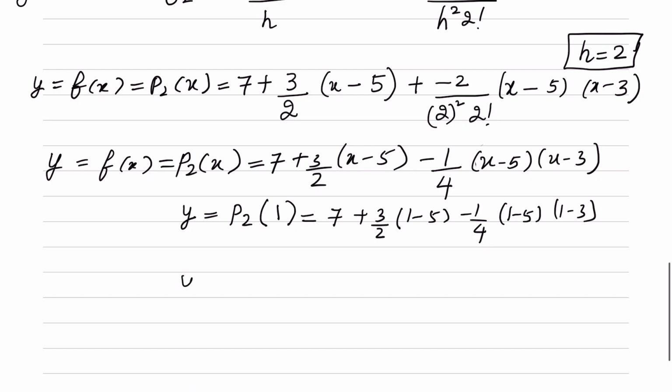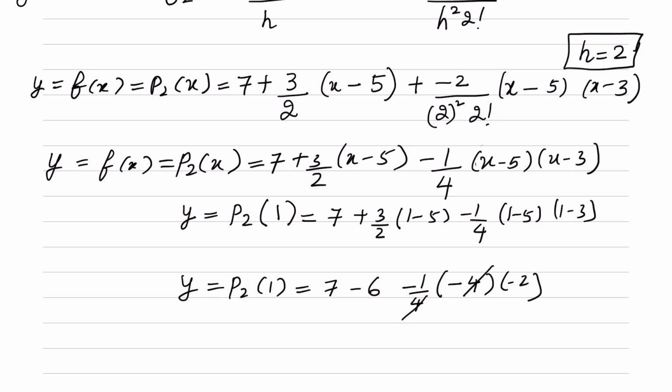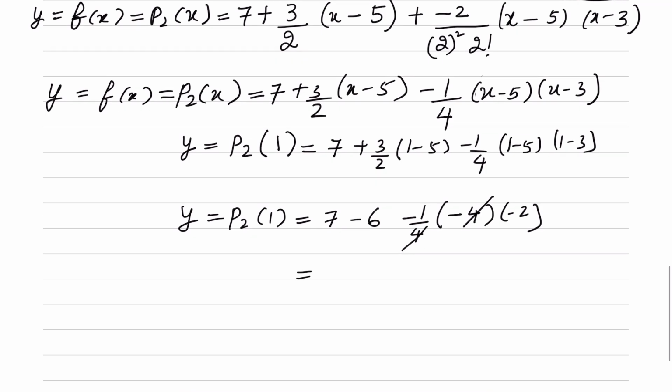So the y value that we are getting here is 7 minus 6 minus 1 by 4 into minus 4 into minus 2. 4 cancels with this 4. So you have 7 minus 6, 1 minus 2, and you get minus 1.